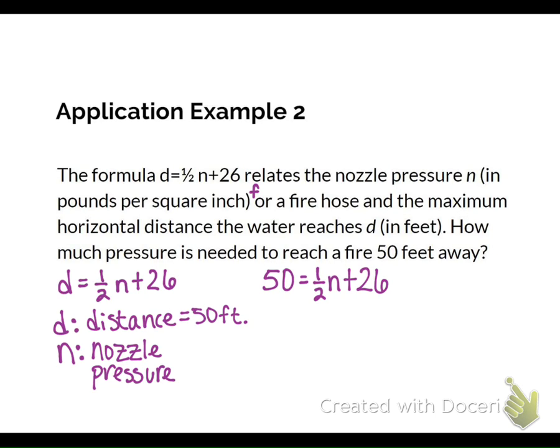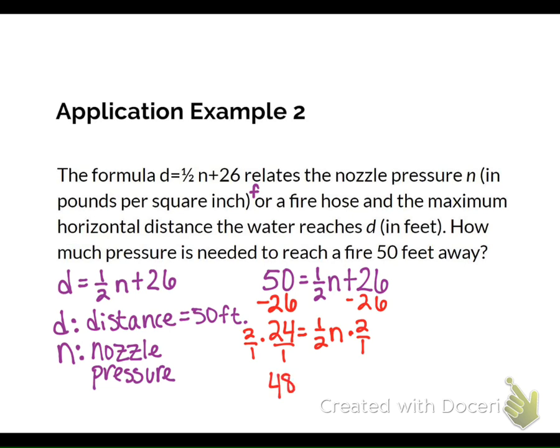To do that, first step, hopefully you're saying subtract 26 on both sides. That leaves us with 24 equals 1/2 n. Remember, to get rid of a fraction that's right next to your variable, you multiply both sides by the reciprocal. So multiply by 2/1.